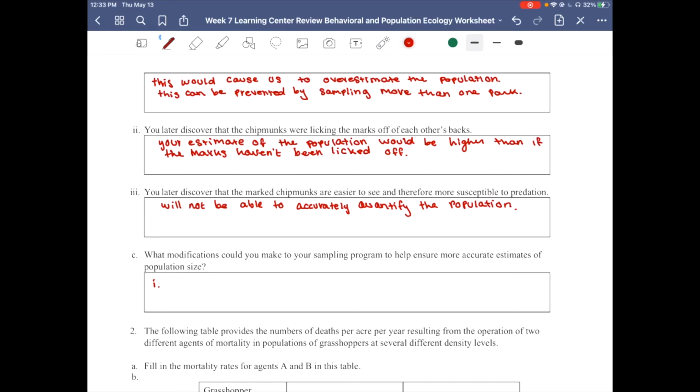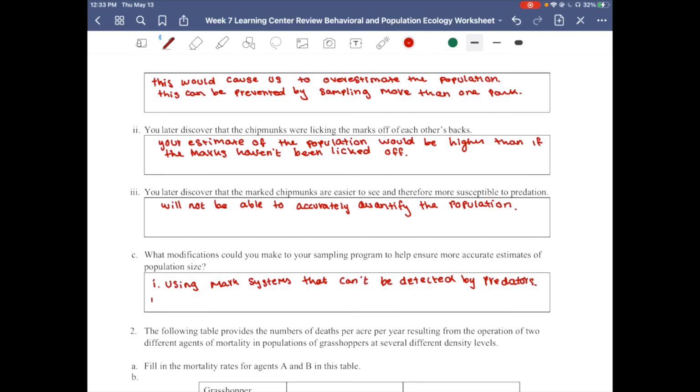I really like that. So using mark systems that can't be detected by predators. This would avoid the third scenario that we were talking about in the question.